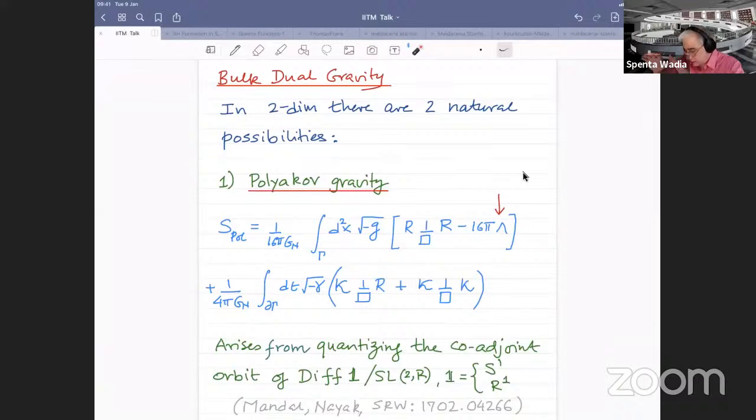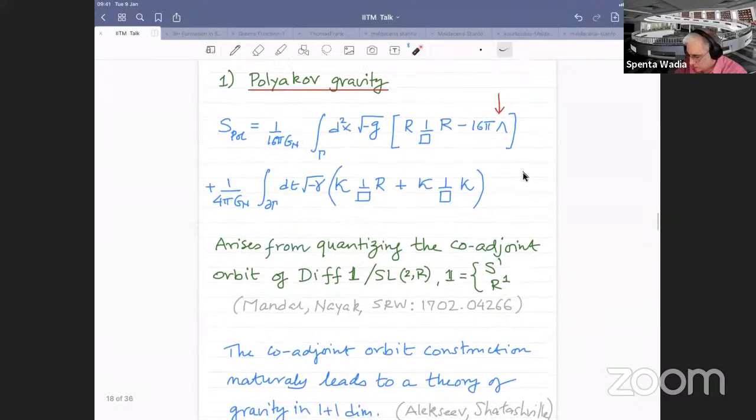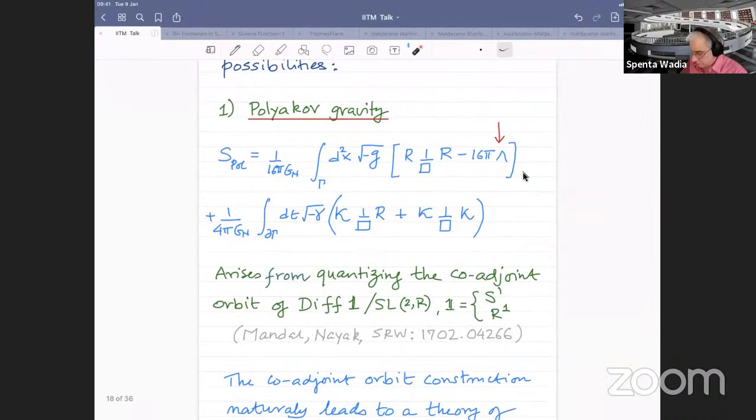So anyway, what is the dual of this near conformally invariant theory? You can actually construct the gravity theory in the bulk by looking at the coadjoint orbit of Diff S1 upon SL2R. I have just the result here.